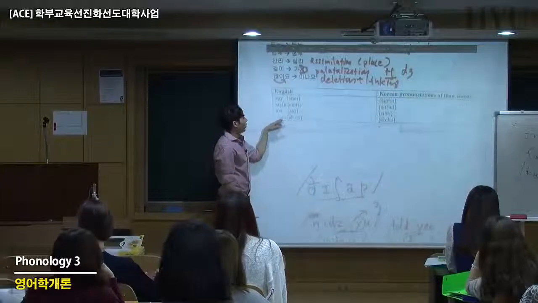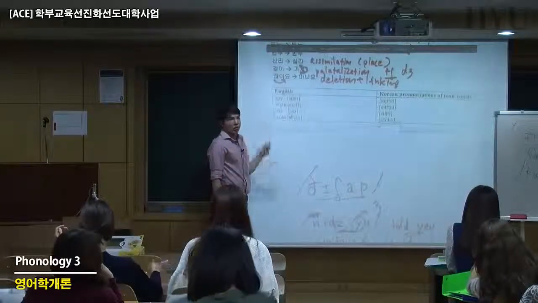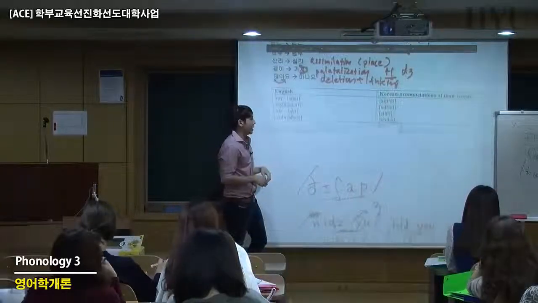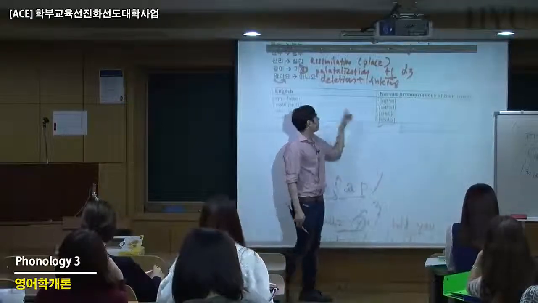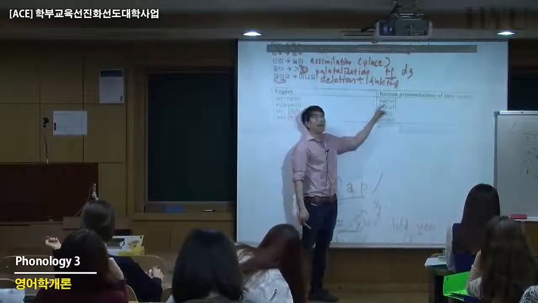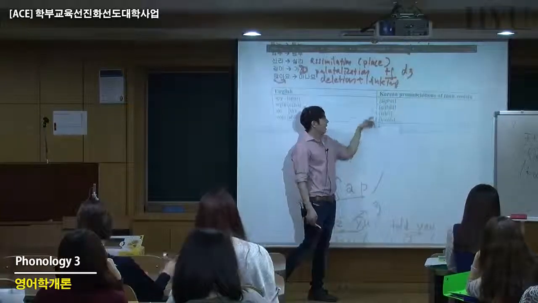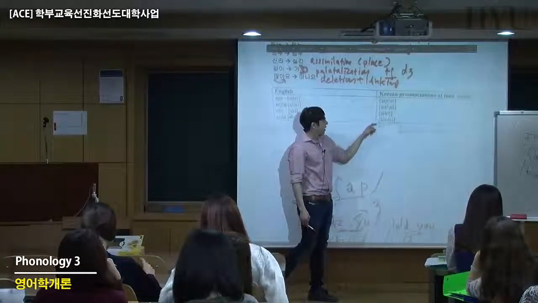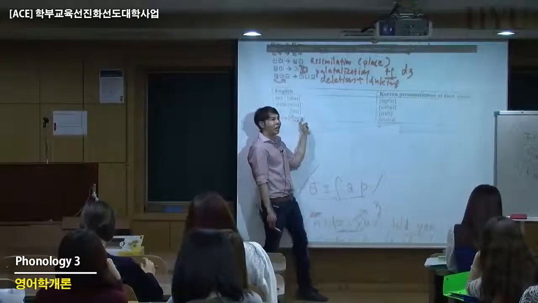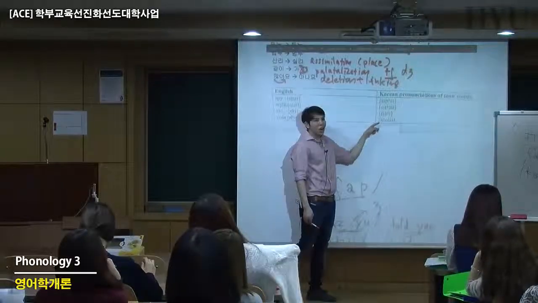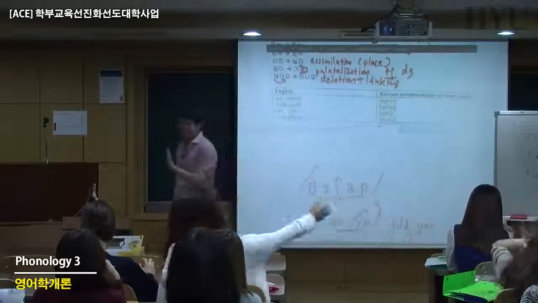Cola. So aspirated K as well because that's where the stress is, okay? But in Korean, you have spy becomes supai, style, ski, and cola, whatever. I cannot do it.